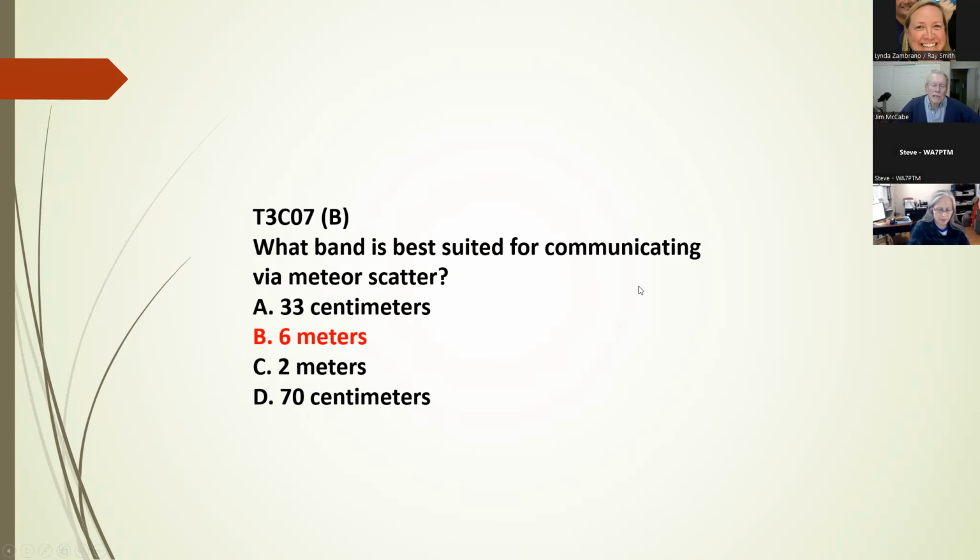But again, meteors are another example of the various things in the atmosphere. We talked about the E layer, sporadic E, the aurora scatter. There's all kinds of stuff up in the atmosphere you can get bounce back from. And meteors, meteor showers, are another example. And this would be during a meteor shower.